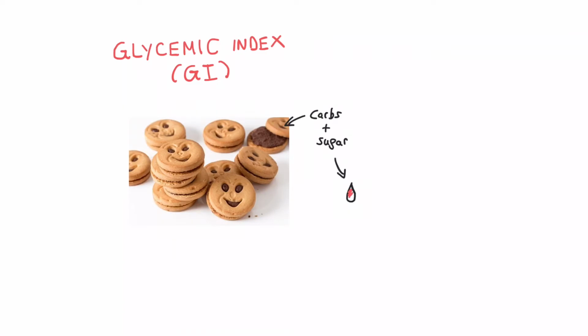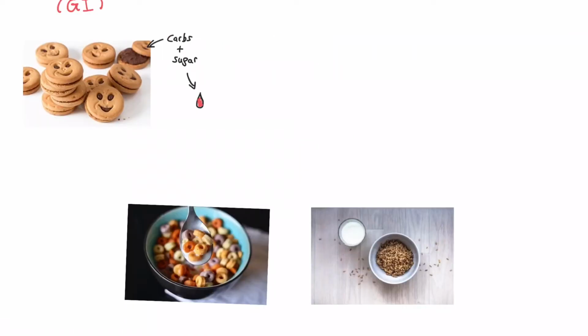Let's color this in red. As you can see, I've got two images of two different types of food, which are mainly involved in most people's diets. Let's put a versus here.